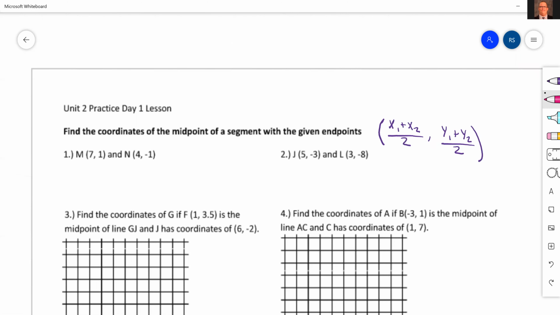First thing we need to do is label our points. X1, Y1, X2, Y2, and now we just plug into the equation. So X1 plus X2 divided by 2, Y1 plus Y2 divided by 2.